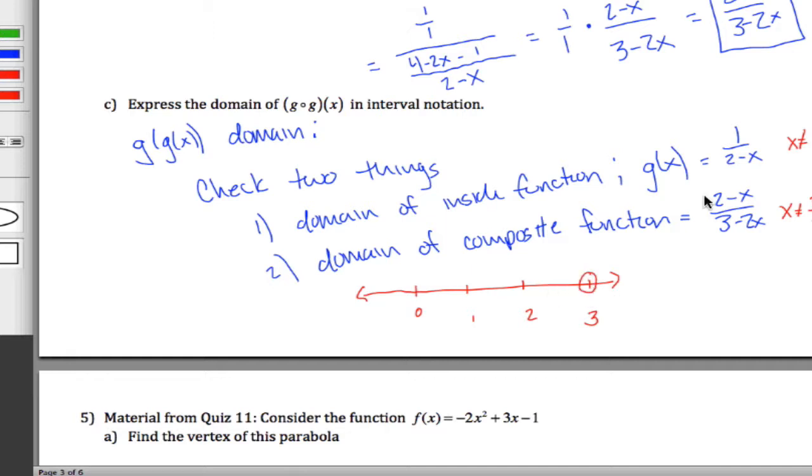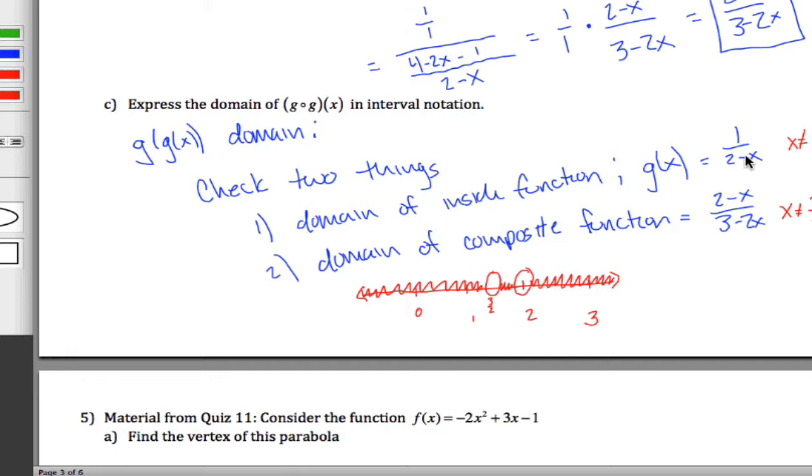I don't want this number, and I don't want 3 halves. 3 halves is the same as 1 1/2. It's 2 that I don't want, not 3. This number I want to kick out, and then 3 halves I want to kick out. That's this guy. So what I'm saying is I want all these numbers, and all these numbers.